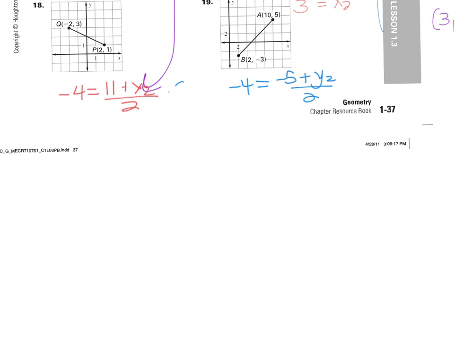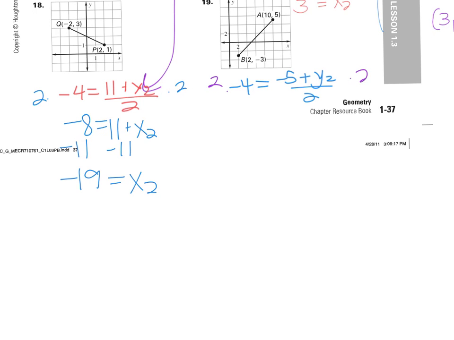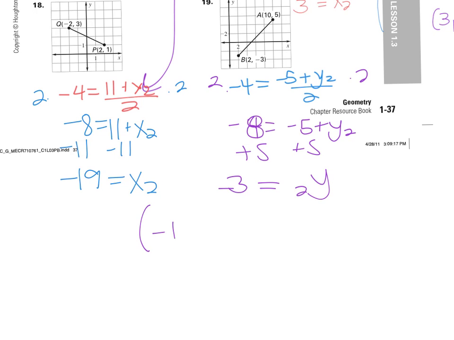Multiply by 2 on either side. Negative 8 equals 11 plus x2, subtract the 11, and I get negative 19. Multiply by 2. Negative 8 equals negative 5 plus y2, add the 5, and y2 is negative 3. So I get negative 19 and negative 3.